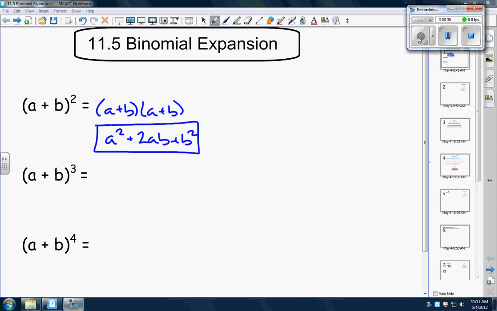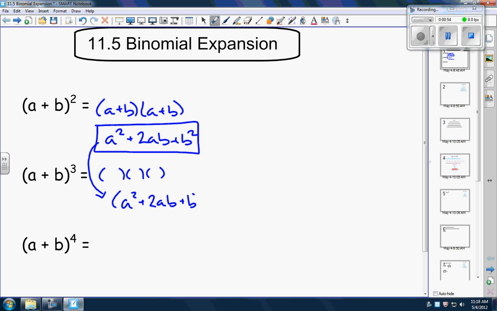So if we now ratchet that up to a plus b quantity cubed, we would have 3 parentheses of the a plus b. Well, if we've already done the first two, we can just take that down and then you only have to do one more.